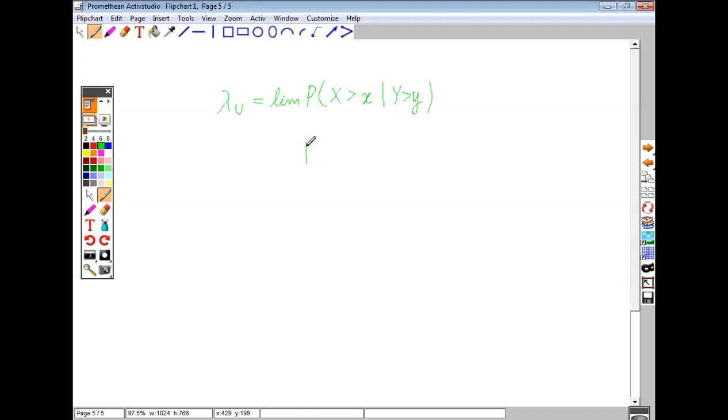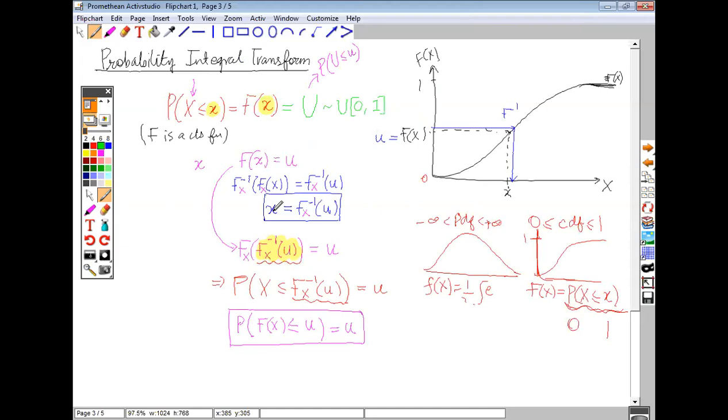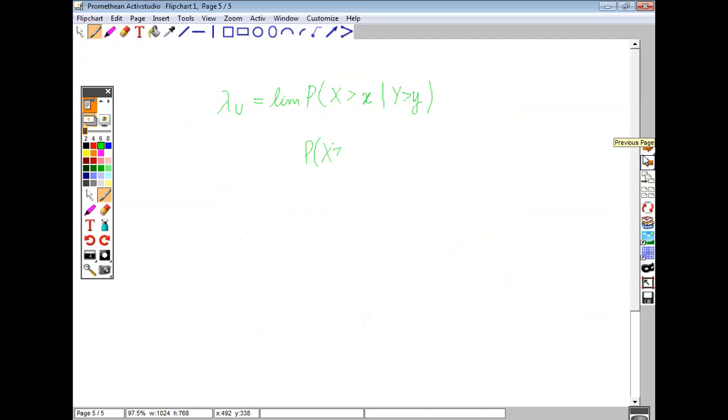From what we saw previously, how can I rewrite my small x? I can rewrite my small x as F_X inverse of u. Instead of that small x, I'm going to substitute F inverse of u.